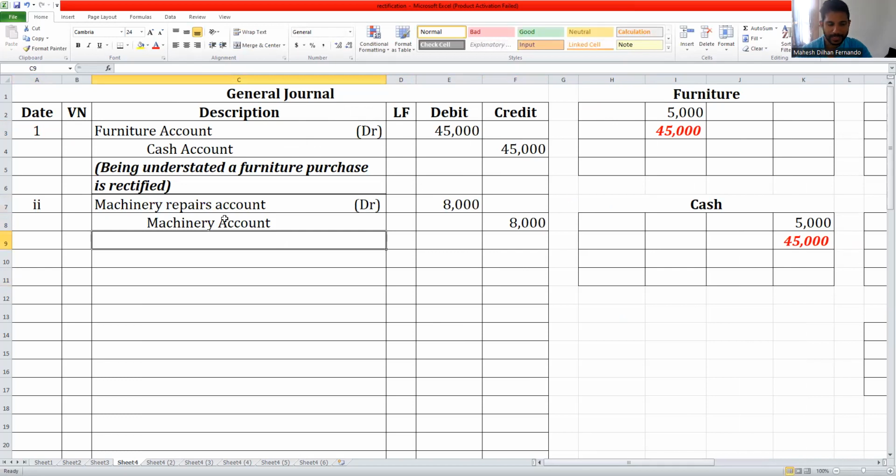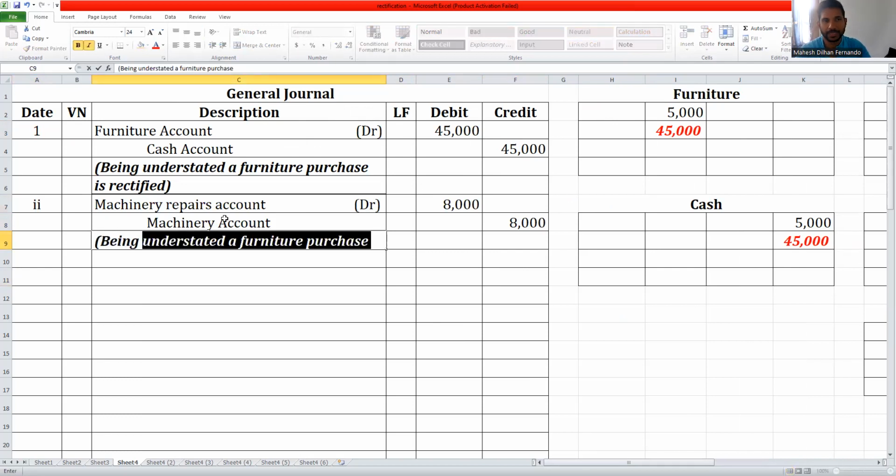Write the narration like this: We recorded repairs in the furniture account, sorry, machinery account. Is rectified.